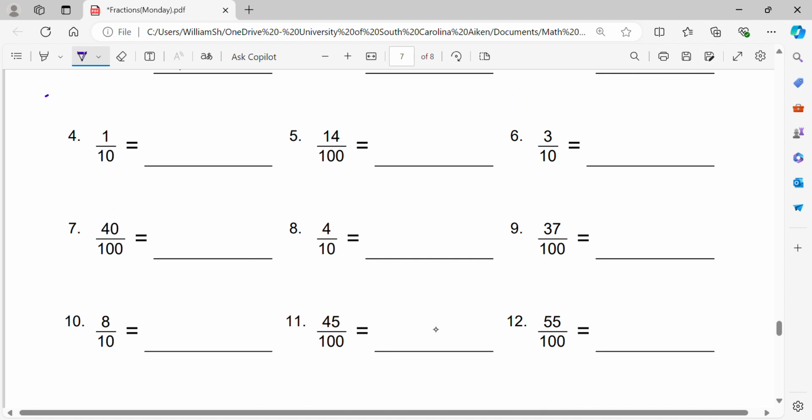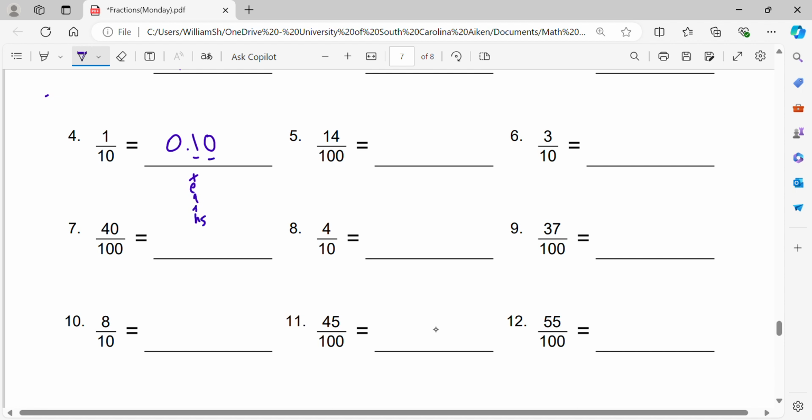Alright, let's look at 1/10. You could convert 1/10 into 10 out of 100 if you wanted to, or 10 hundredths. The key is seeing that this 1 is in what we call the tenths place.